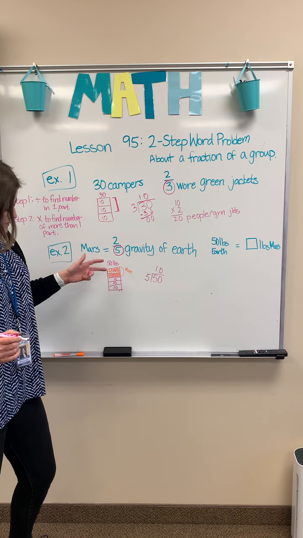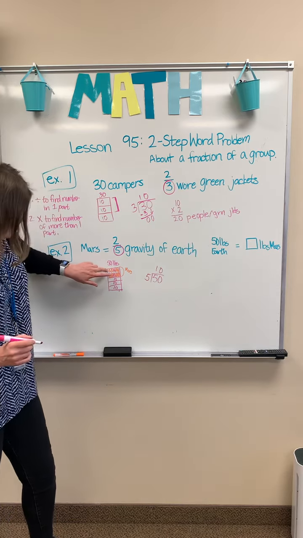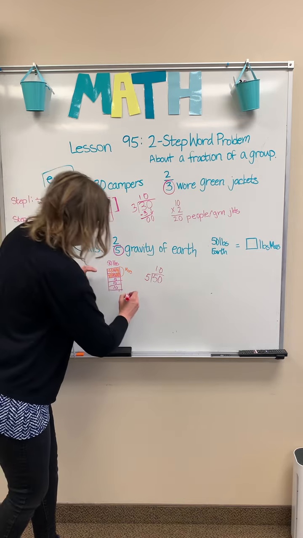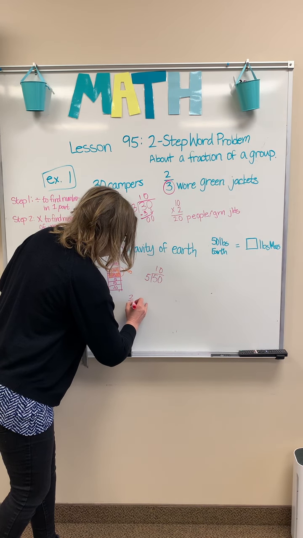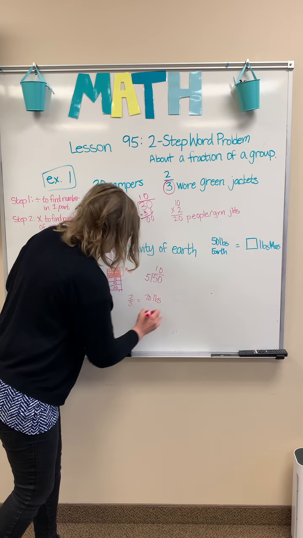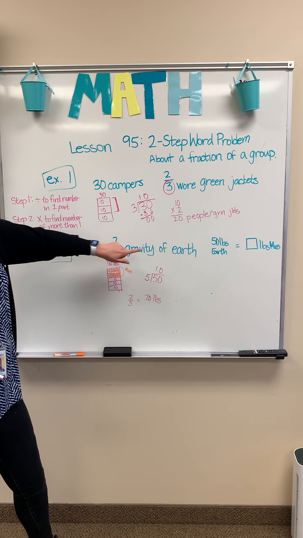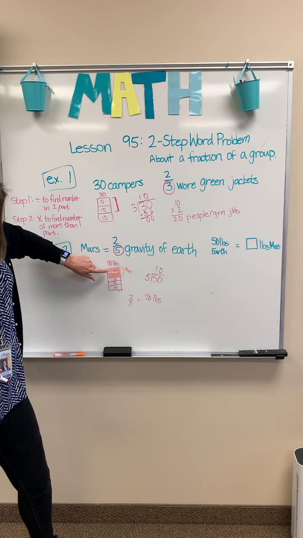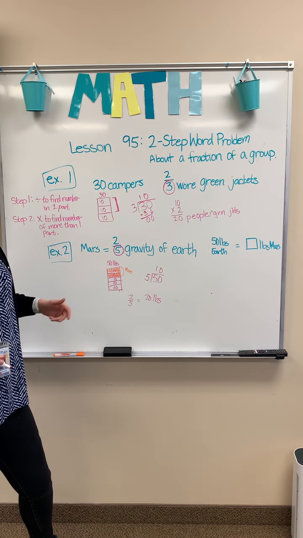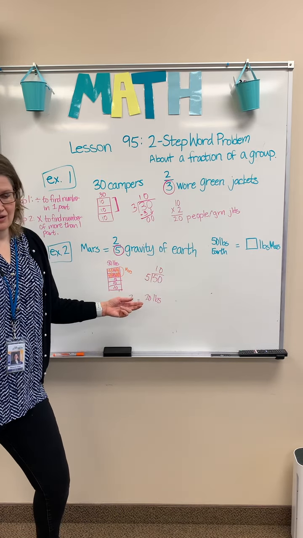So we can look at this and go, oh, that's 10 and 10. 2/5 of 50 equals 20 pounds. We can multiply, or we can add 10 and 10, but it gives us our answer of 20 pounds.